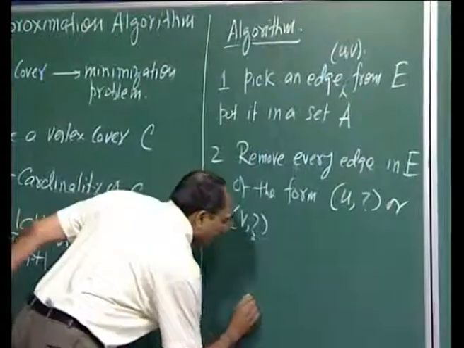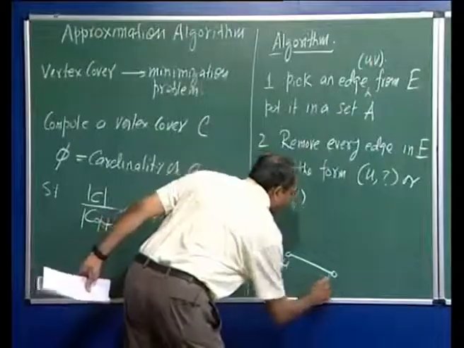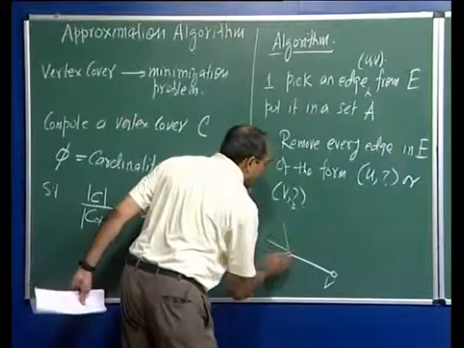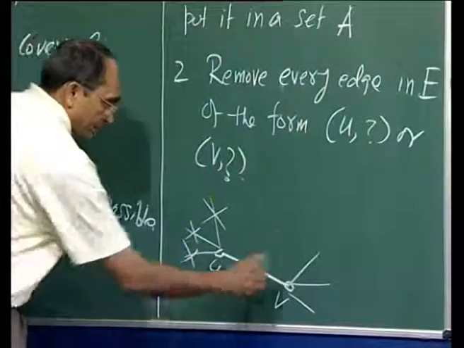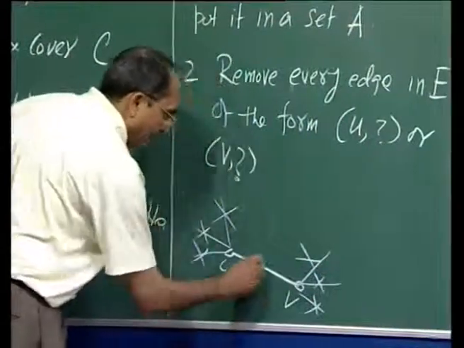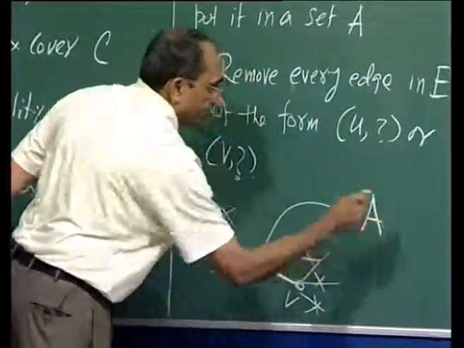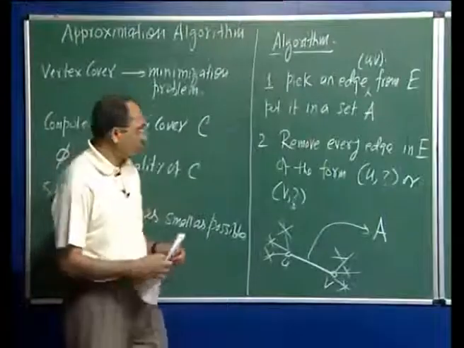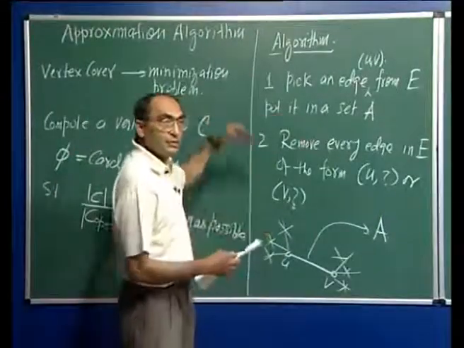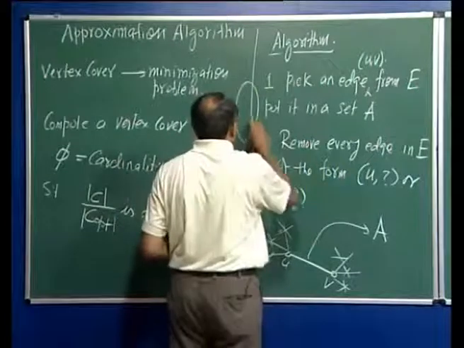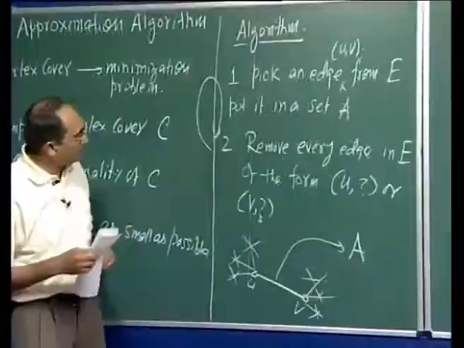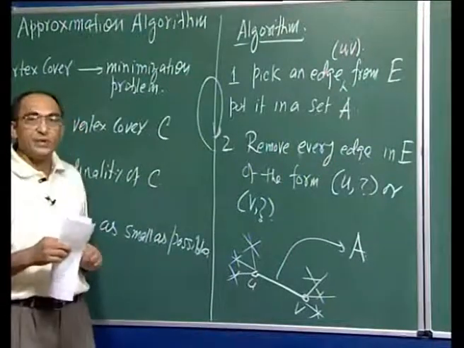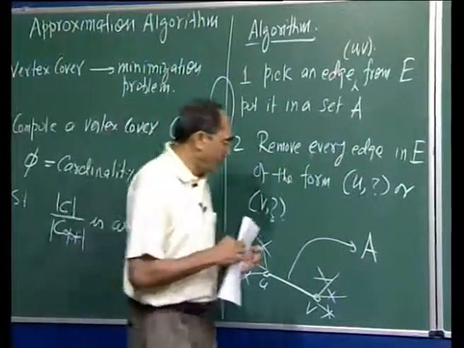Here is the picture. I had picked UV, and if there are edges here, I am going to remove them, put this into set A, and then iterate, and keep doing this until the edge set is empty.